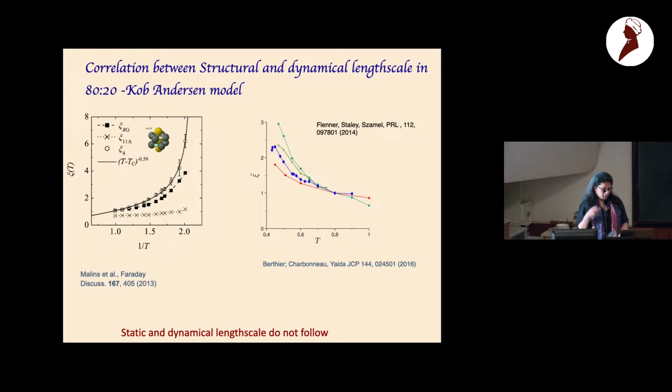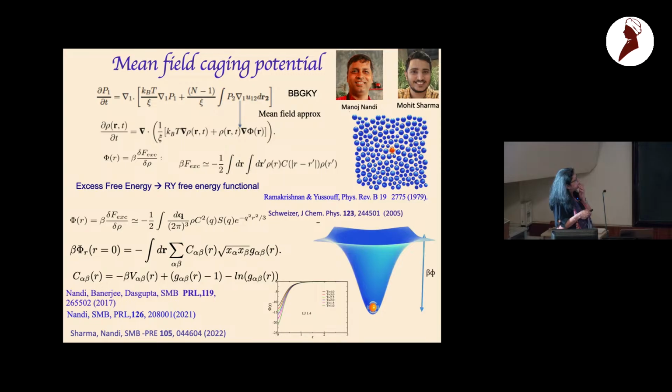Now, before I go into static and dynamical length scale, let me introduce you to the order parameter that I'm going to use. This order parameter work started with Chandan when we were describing a mean field potential. It was a theory trying to explain a mean field caging potential of particles.